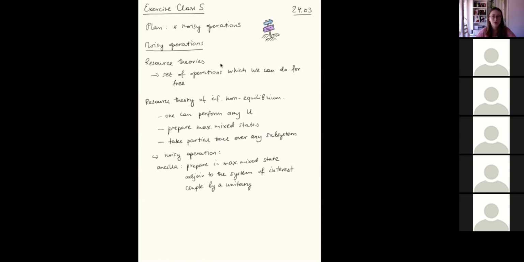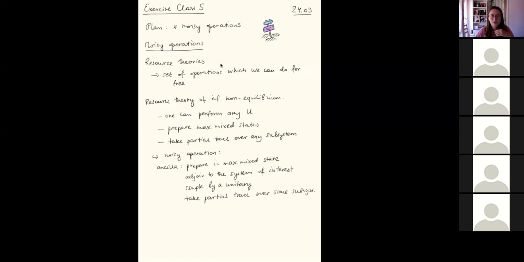And then finally, we take the partial trace over some subsystem, not necessarily the ancilla system. Okay, and as I said, any non-uniform system serves as a resource.